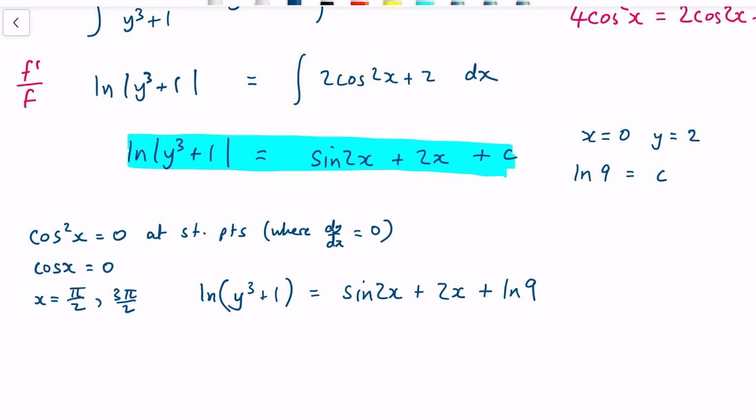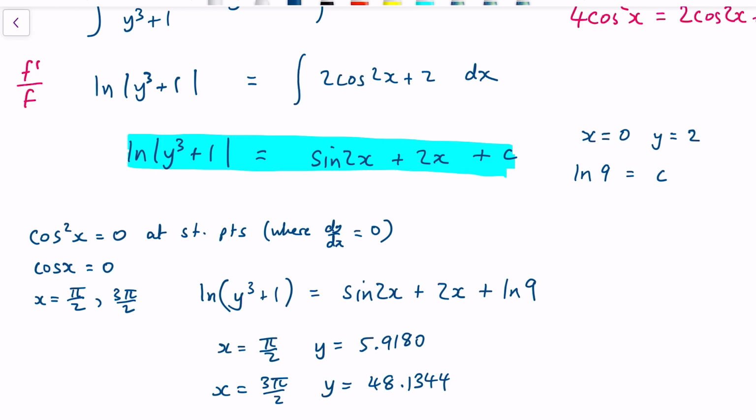And when you do that, x equals pi over 2 gives a y value. You can write it in exact form if you want, but it's about 5.9180. And the 3 pi over 2 gives you a y value of 48.1344. I'll leave you to check those.